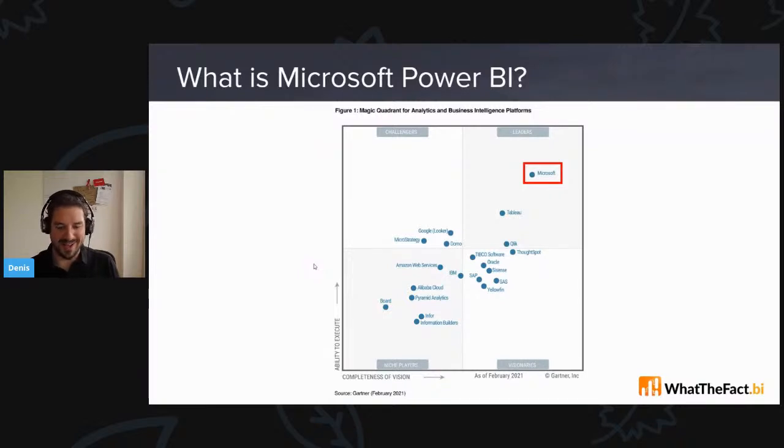Now, this sounds a little fancy, but what does it even mean? Ability to execute is a bunch of criteria, and to summarize it in my words, it's just what can the software do. And the completeness of vision is, with my words again, where is the software going?